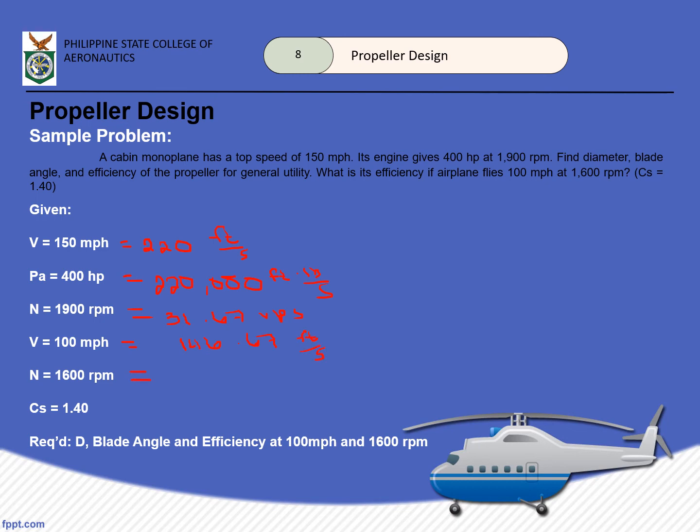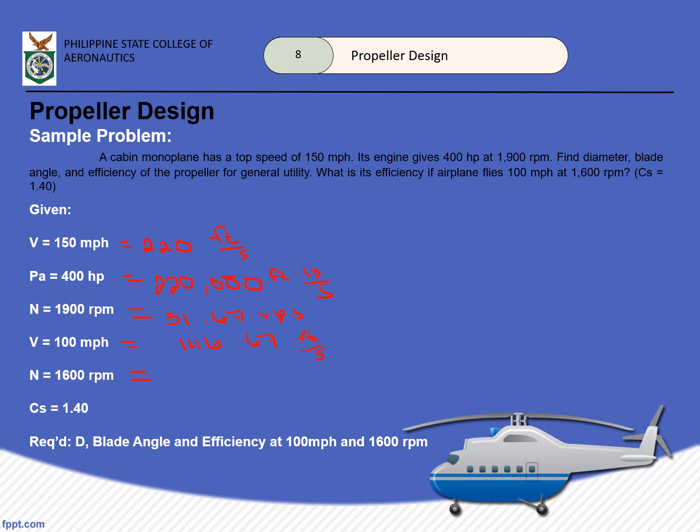And our N, we need it in revolutions per second, RPS. So, in order for us to do so, what would we do? Again, we divide it by 60 to convert the minutes to seconds.